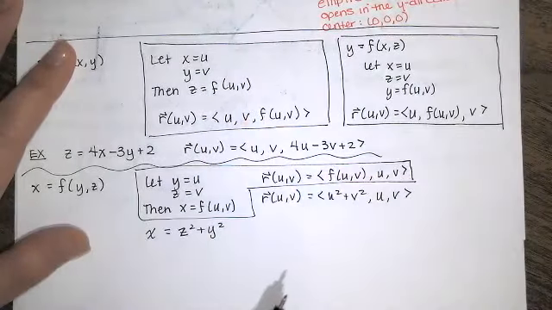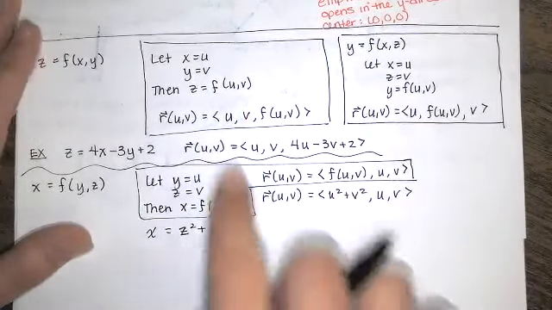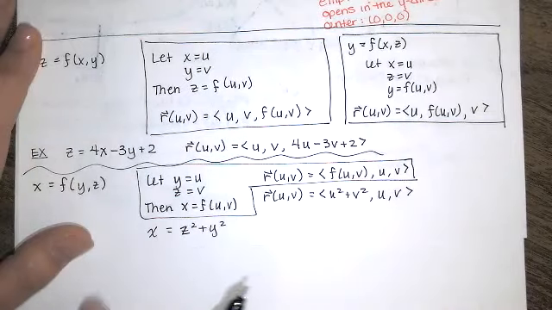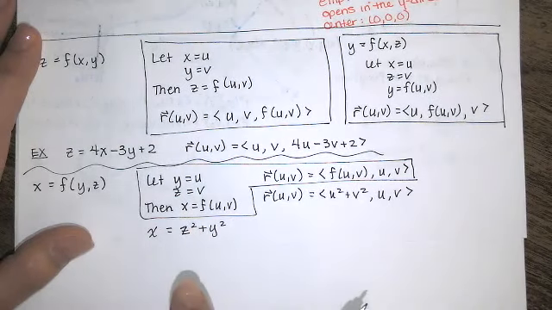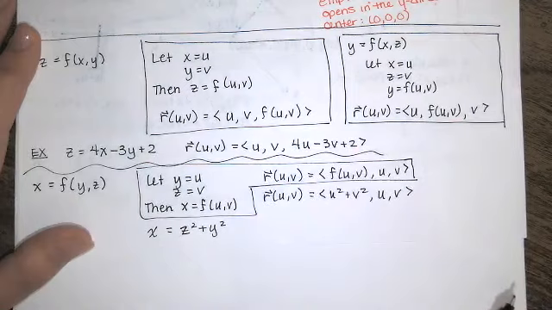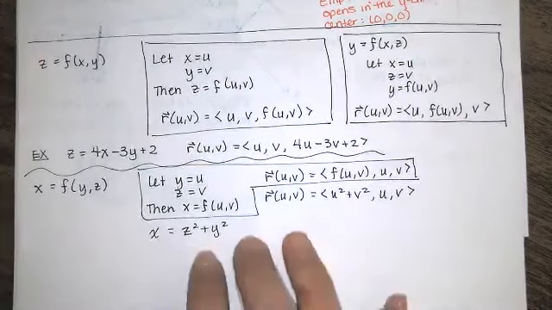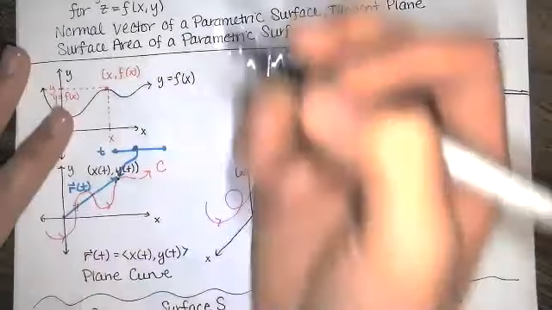It's exactly the same as that first one. We just change our perspective a little bit. Here we're thinking of z as a function of two variables. Here we're thinking of x as a function of two variables. And there we're thinking of y as a function of two variables. Okay, that was easy.